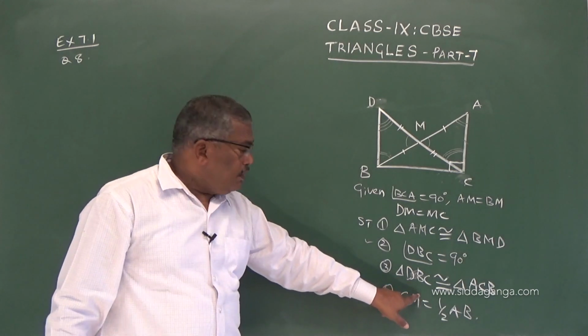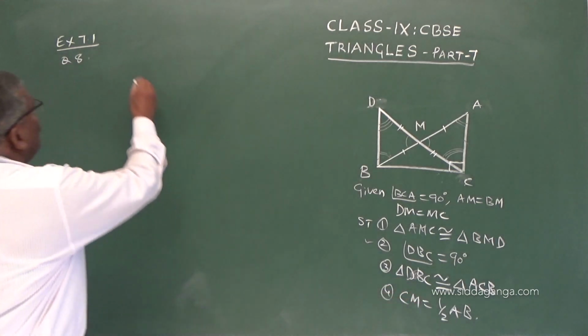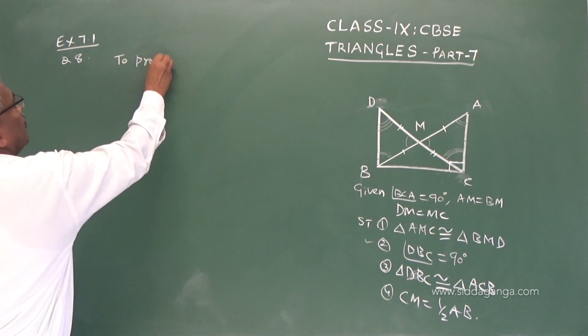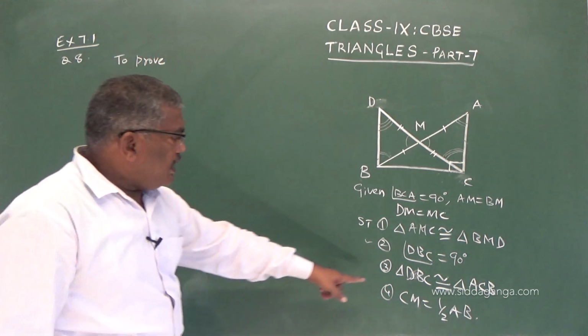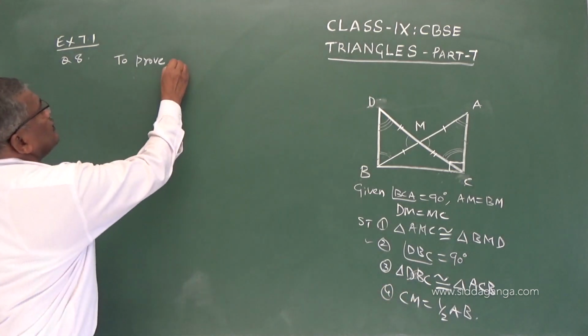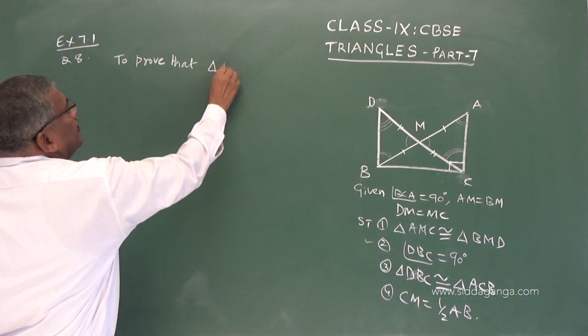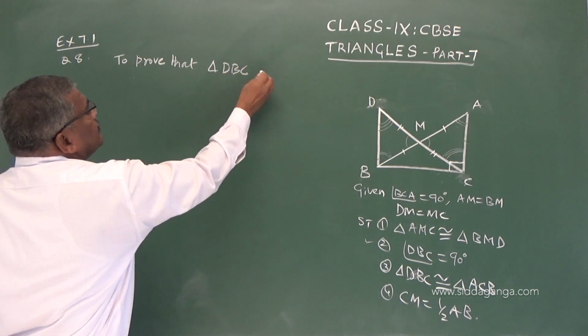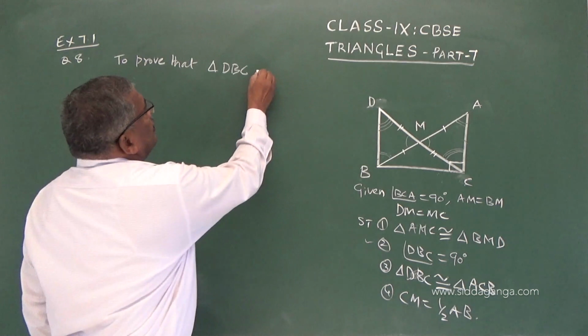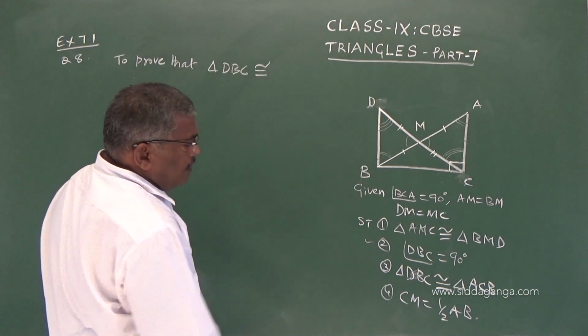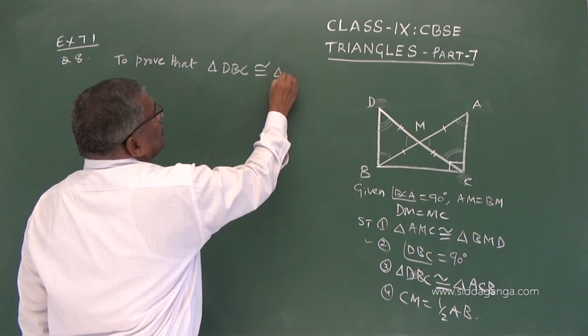Now I will take up the third one, to prove that triangle DBC is congruent to triangle ACB.